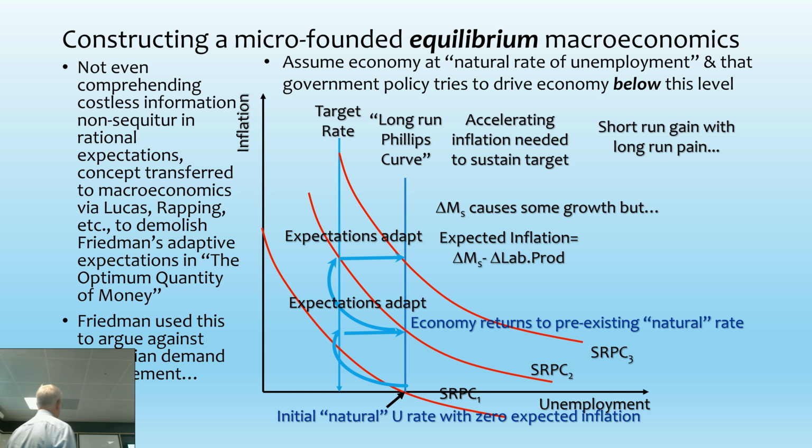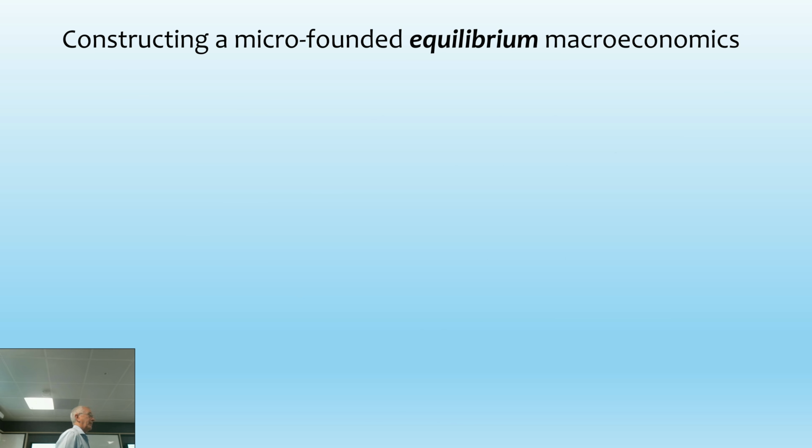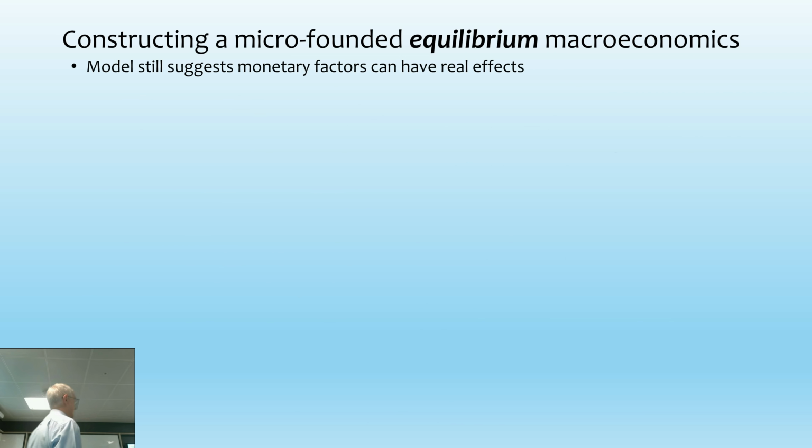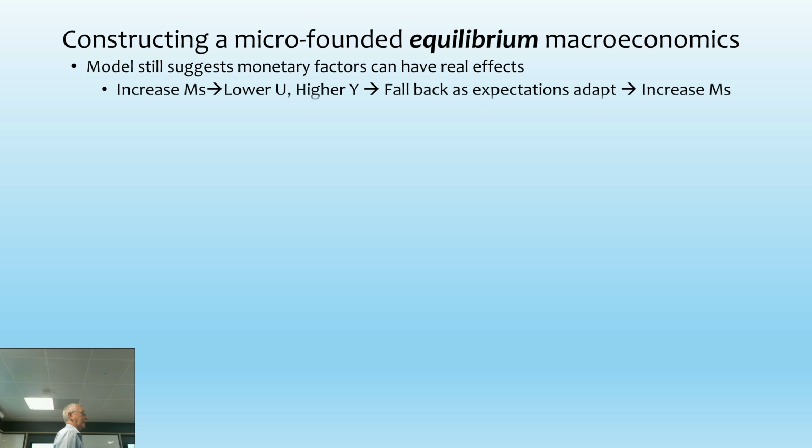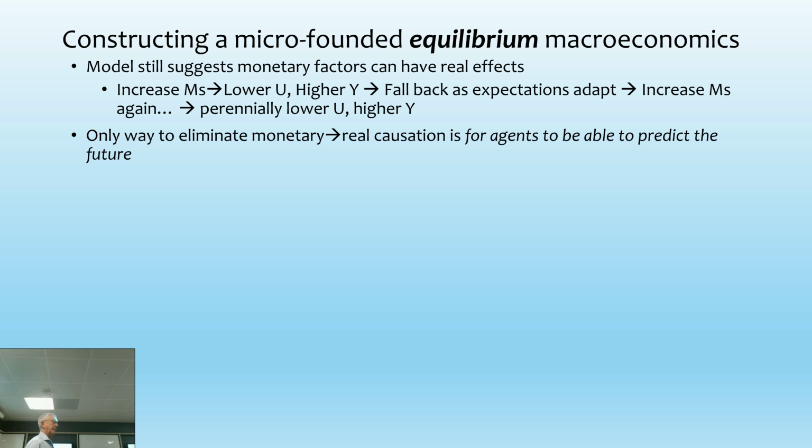So the idea is short-run gain, long-run pain, so you shouldn't do it. But it's still accepted that monetary factors can have real effects, because in the transition, if you increase the money supply, you get a lower level of unemployment and a higher level of output.